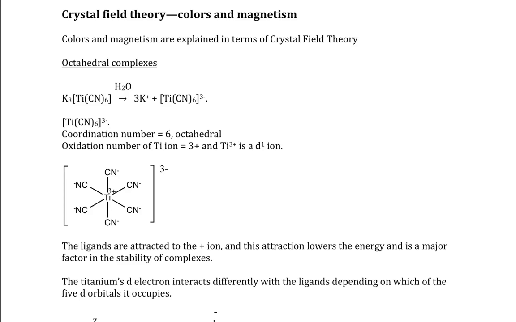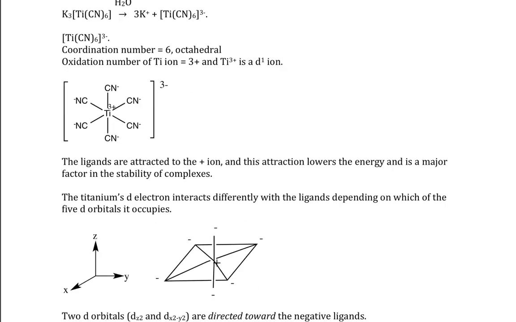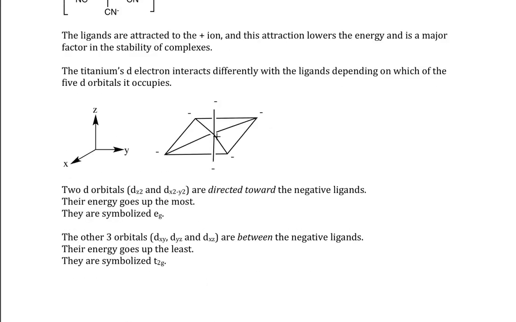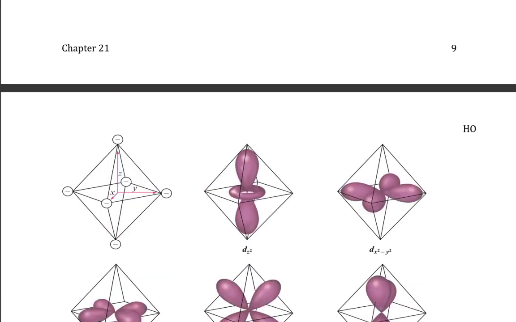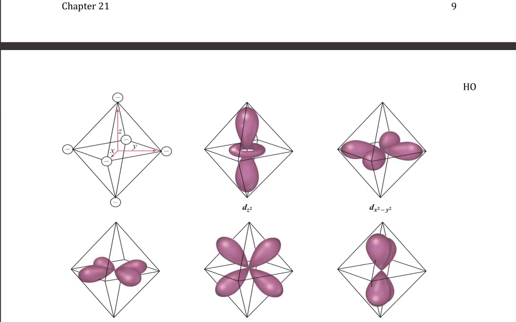Okay, so what we have, and we will go to our next page for pictures, is that on the titanium, its 3d electron is in the 3d atomic orbitals. In this view, we see the 5 d atomic orbitals with their shapes shown in purple.